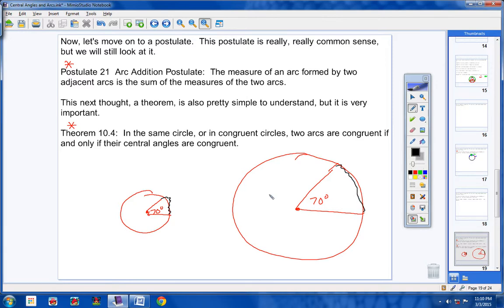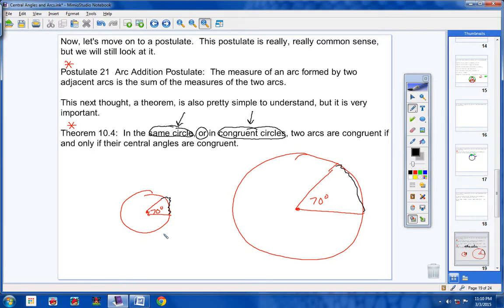And that's not true. You have to have the same circle, or you have to have what? Congruent circles. And if you have this scenario here, or this scenario here, then you can say two arcs are congruent if their central angles are congruent, or central angles are congruent if the arcs are congruent. I hope that makes sense, guys.